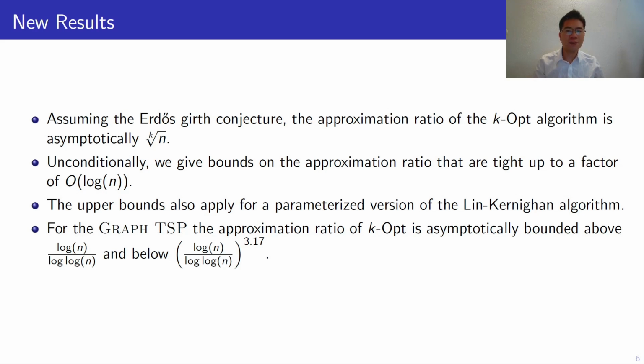We have to say that these bounds depend on some functions from extremal graph theory. The upper bounds also apply for a parameterized version of the Kernighan algorithm with appropriate parameters. For the graph TSP, the approximation ratio of the k-opt algorithm is asymptotically bounded above by log n over log log n and below by log n over log log n to the 3.17.